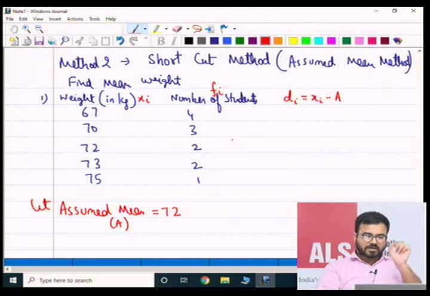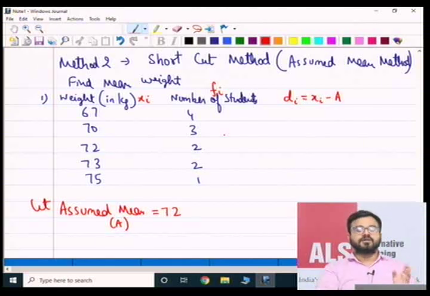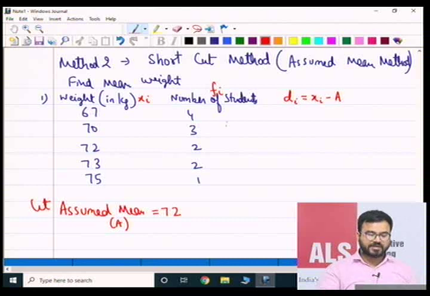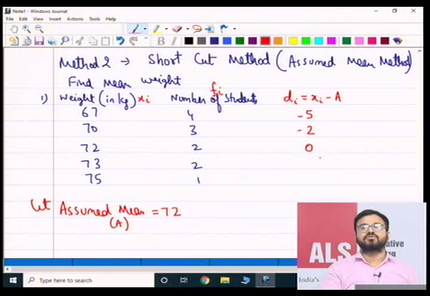From all the values in the weight, we have to subtract this assumed mean. So always remember, value minus assumed mean. Like 67 minus 72 will be minus 5. 70 minus 72, minus 2. 72 minus 72, 0. See, why I have taken 72? Because when you subtract this value, you will get 0.